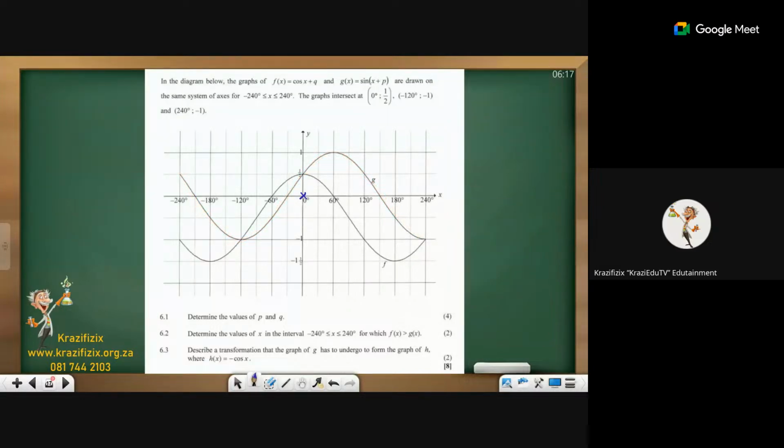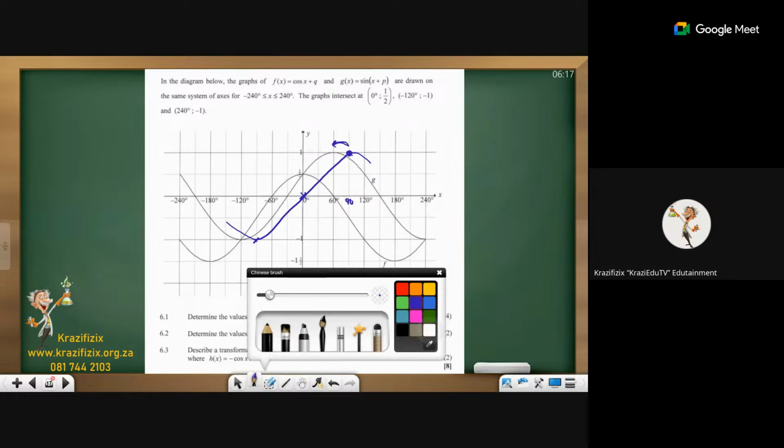Once you know that, the turning point has shifted, but it has shifted left.